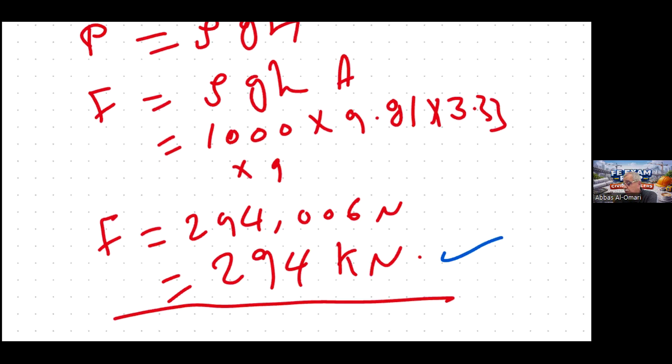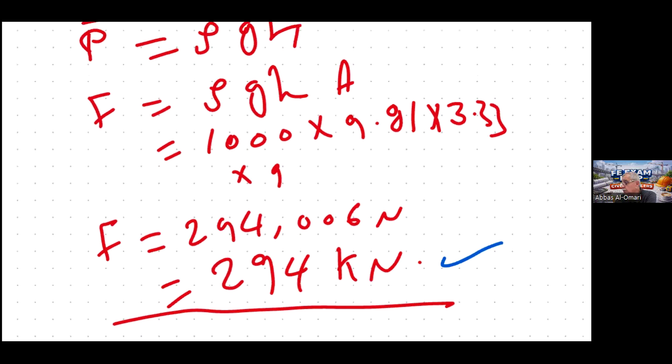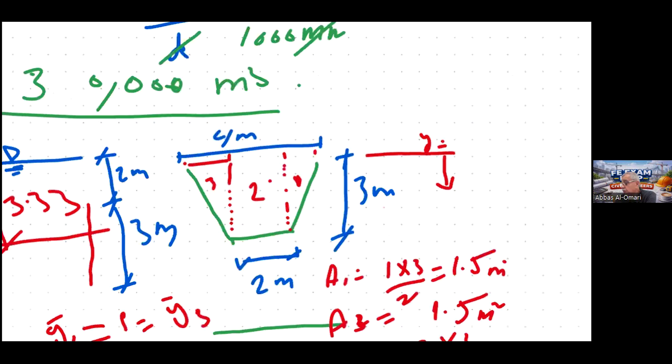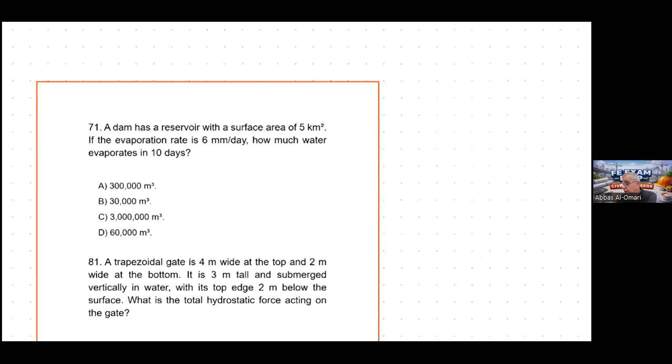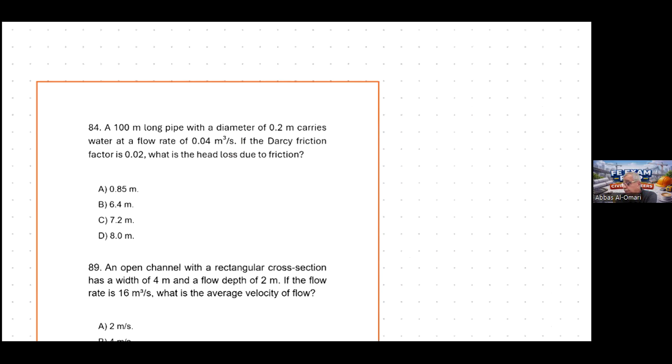So let's have one more question. Okay, this is a head loss example in a pipe.